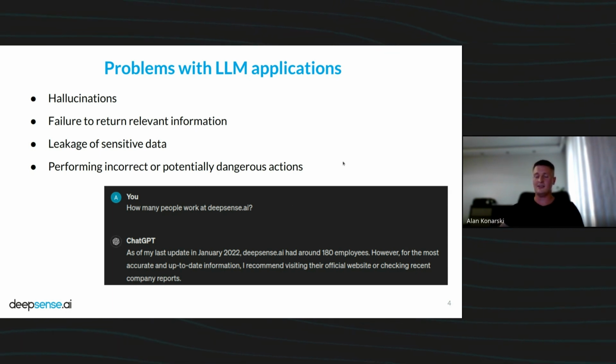As you can see, there are many problems with LLM applications. When we develop such applications and deploy them to production, we want to be aware of these problems when they happen in production. This is why we need monitoring.